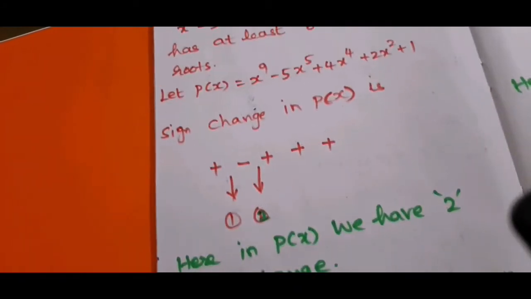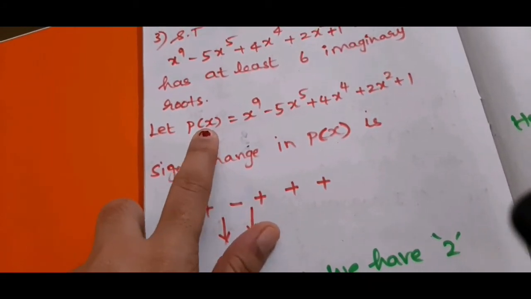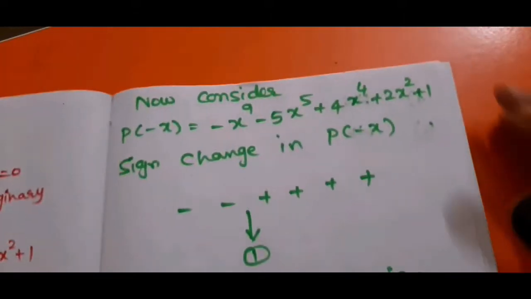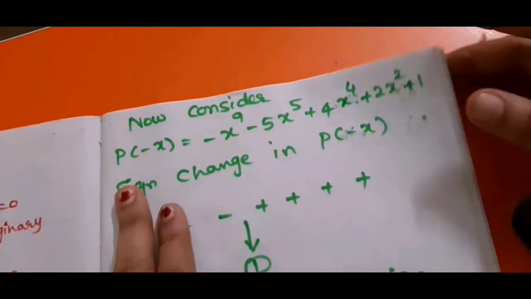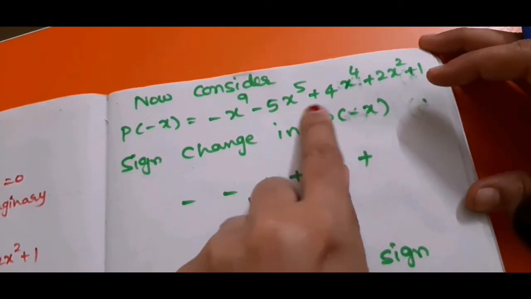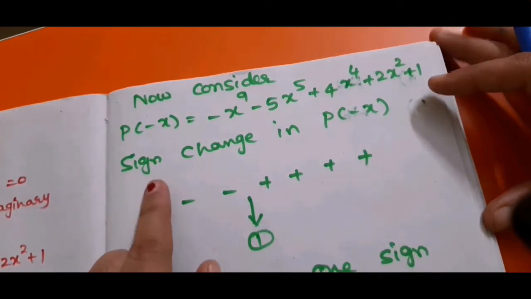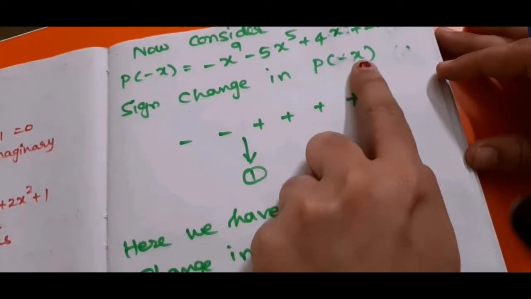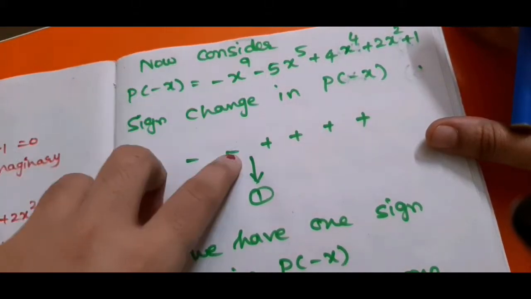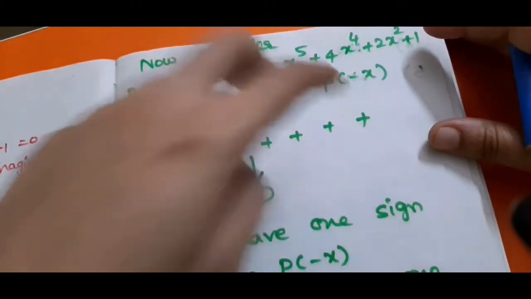Then I want to consider p of minus x. P of minus x is nothing but you replace x by minus x. So p of minus x is minus x power 9 minus 5x power 5 plus 4x power 4 plus 2x square plus 1. So the signs in p of minus x are negative, negative, positive, positive, positive, positive.